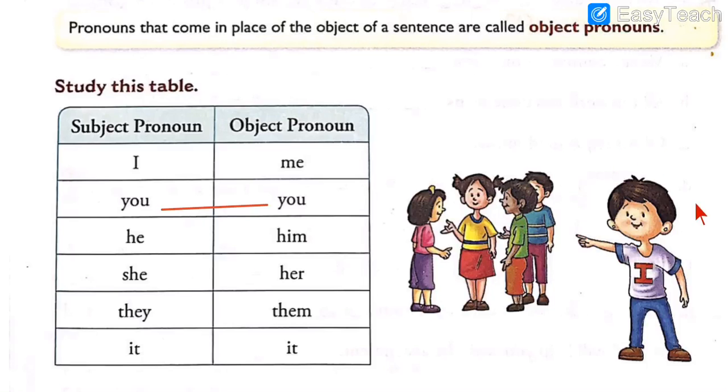When you are talking to one person, you use the pronoun you, but when you are talking to more than one, at that time also you can use the pronoun you all. That is also possible. But when you are talking to one person, you have to say that it is subject pronoun. If I am telling you, means you are one, so it is singular, it is subject. But if it is plural, more than one, then it is object.